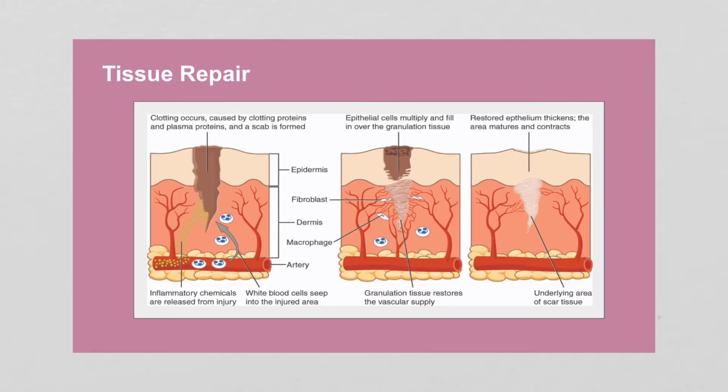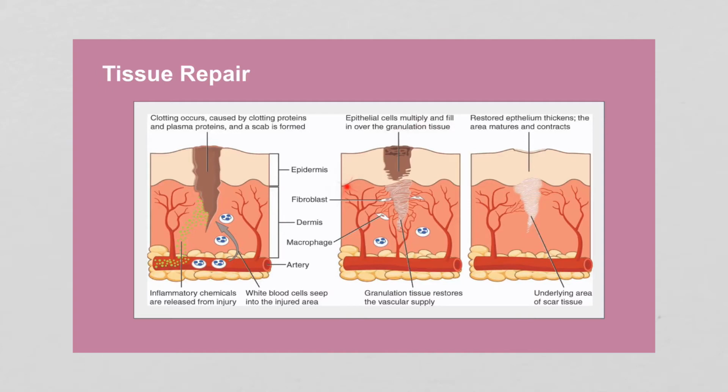Okay? So just going over this again, the first step is inflammation. That damaged area is going to release inflammatory chemicals that cause inflammation, redness, swelling, heat, and increased blood delivery. Then the next step is called organization.